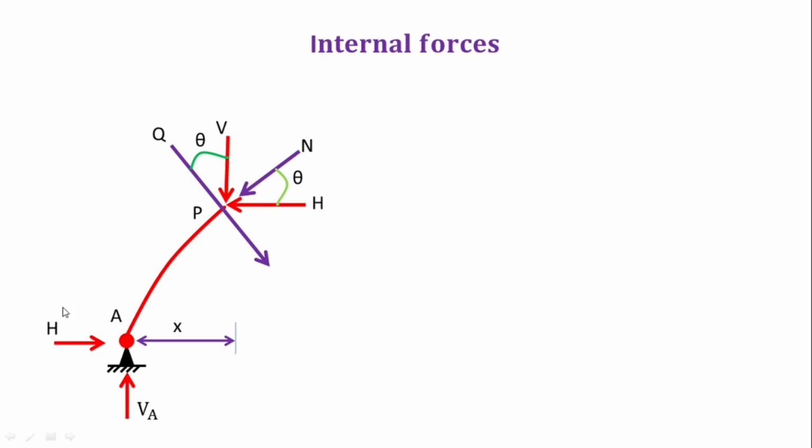Now this is our free body diagram for the AP portion. Our aim is to find the normal thrust. How to find this normal thrust?